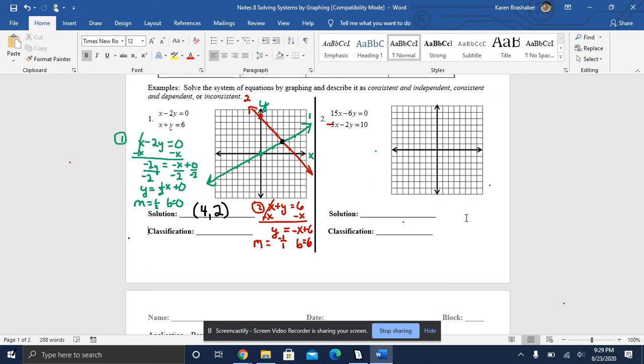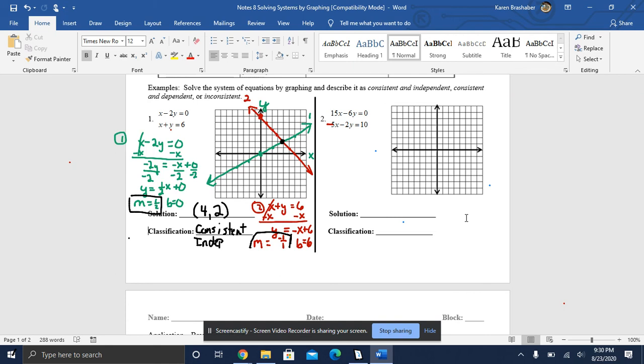And I want you to know you could have done the classification even before looking at the graph. You have different slopes. One of the slopes is 1/2. The other slope is negative 1. So even before graphing it, that should tell us, based on our table, that when the slopes are different, then those lines are going to intersect, which means that this is a consistent graph, and because you see that there are two lines, it is independent.